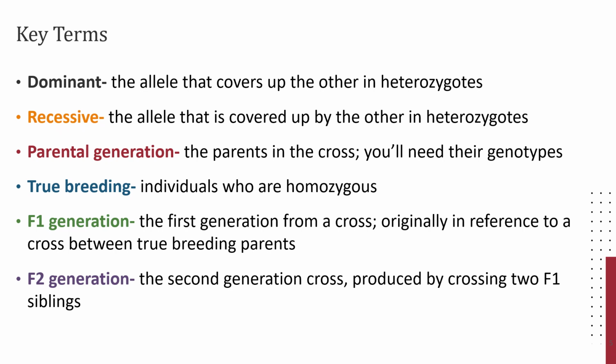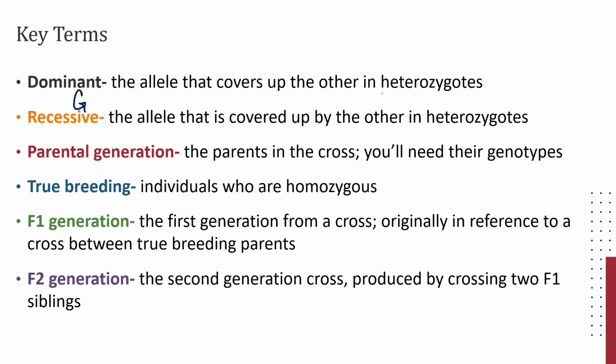All right, two terms that we're going to see all the time are dominant and recessive. The dominant allele is always going to be written as a capital letter. In this case, we've got our big G, and we call the allele that covers up the other one the dominant allele.